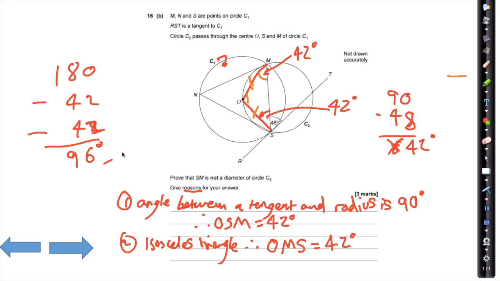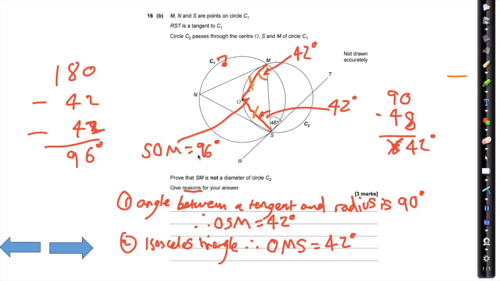So that tells us that this angle here, MOS or SOM, is going to be 96 degrees. Let's try and do it in red pen here. That angle there, SOM, is 96 degrees.